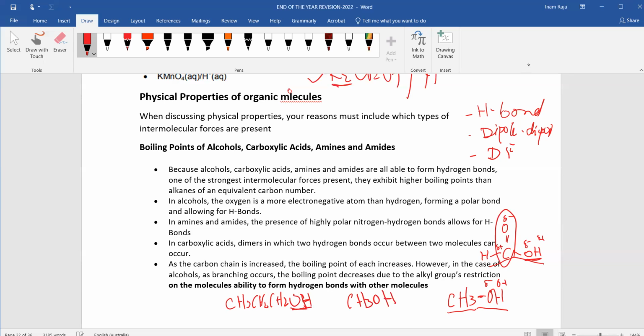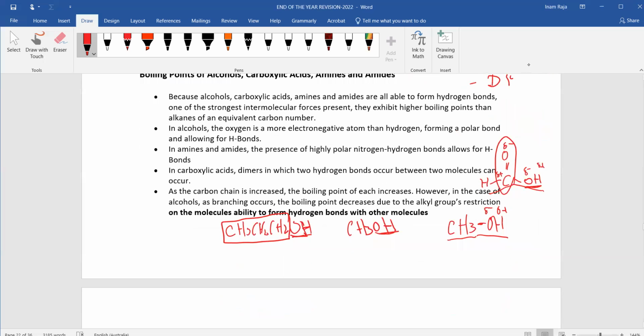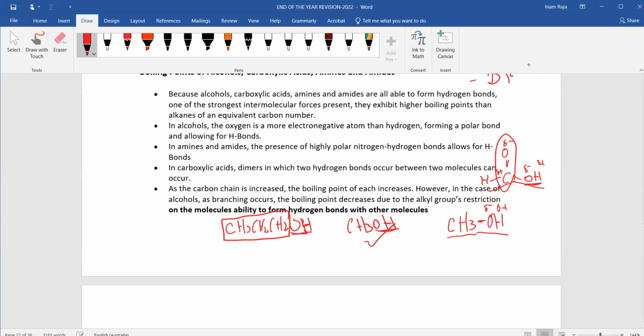Both form hydrogen bond with water, but the propanol has a bigger hydrophobic part, and that part will decrease the solubility of propanol. All right, so methanol still dissolves better than propanol.